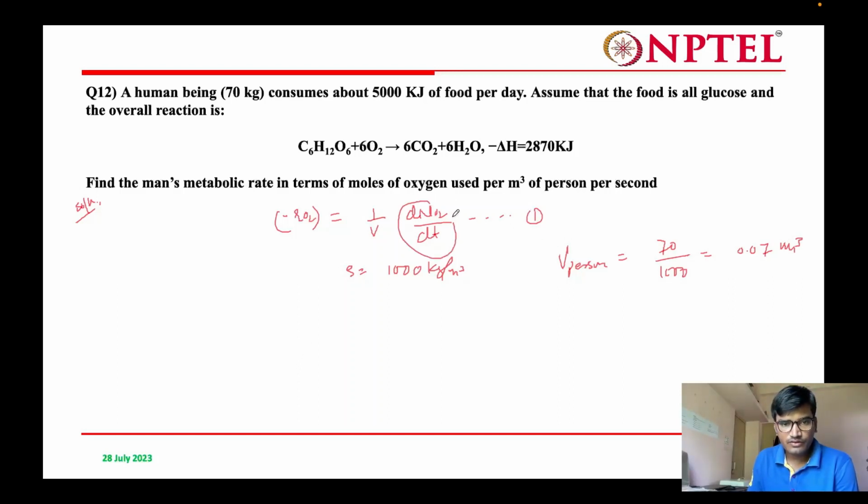Now to calculate the term dn by dt: 6 moles of O2 are used per mole of glucose, releasing energy 2870 kilojoules.